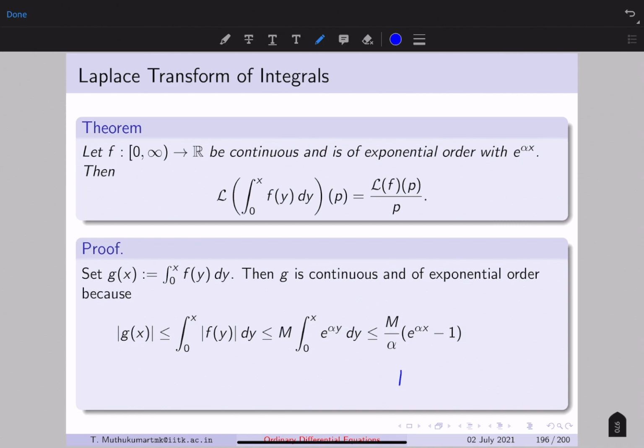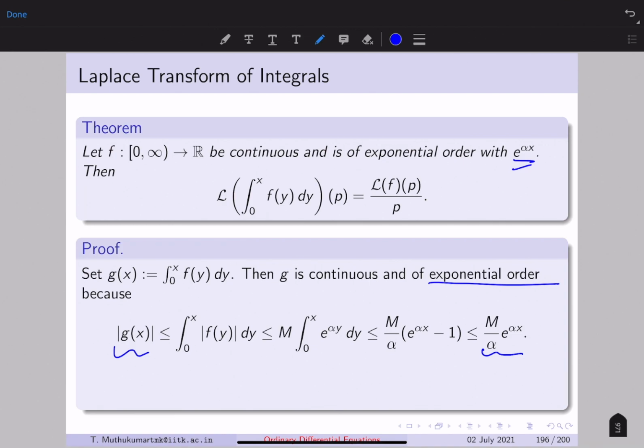But here m and alpha are both positive quantities, so this fraction is also positive. So you are actually subtracting a positive quantity. So this is less than m over alpha e power alpha x, which basically means that g is of exponential order, where your m is m over alpha now, but it's of the same order alpha. Okay, so g is of exponential order alpha.